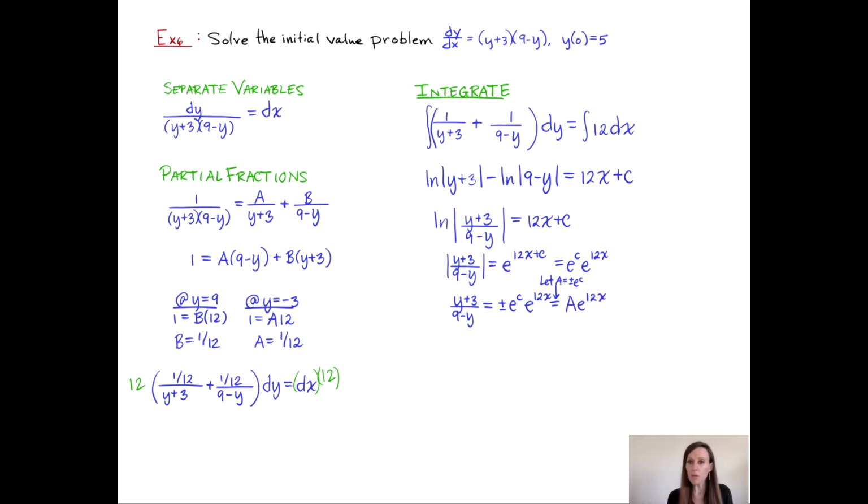Okay, so now let's solve for the constant. I think it's a little bit easier to solve for your A value here rather than waiting till after you've solved all the way for y. So solving for our constant, we use our initial value that y(0) is equal to 5.